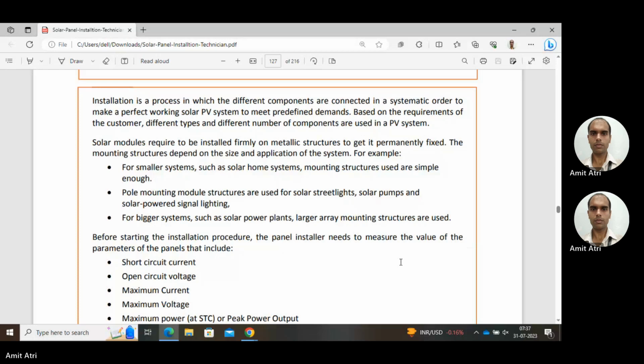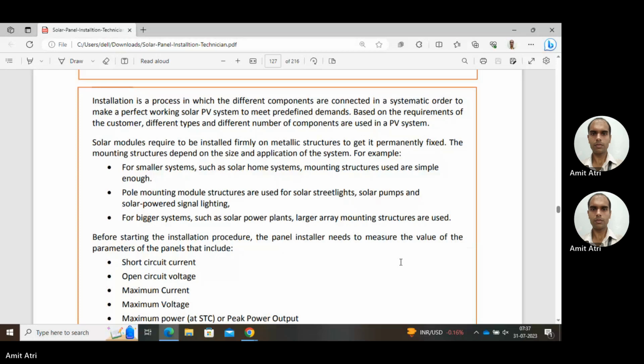Then it has to withstand high speed wind as well, because it is an open installation, on the rooftop or mounted on the ground. So the structure should not be broken down by the wind, high speed air.